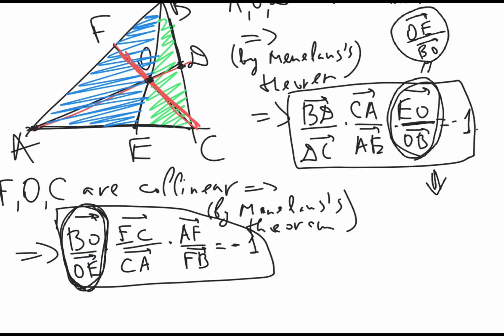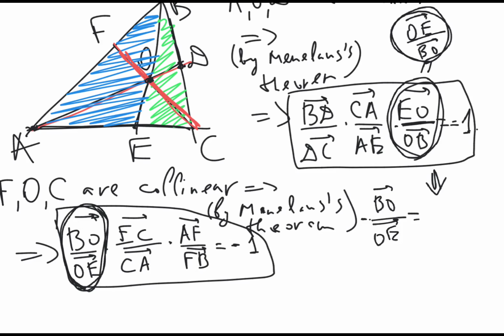So let's move this to the right side. So then we would have BO over OE is the sign minus, right?